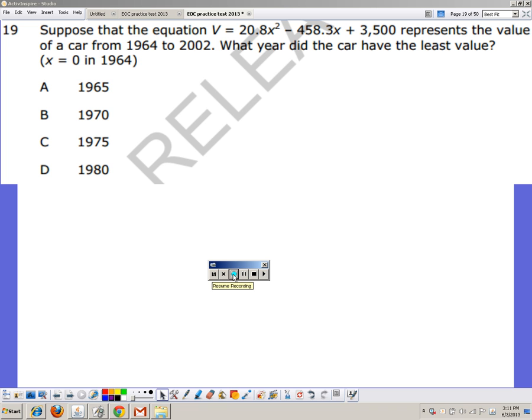In this problem, they give us a quadratic equation. Okay, so that means A is 20.8, B is a negative 458.3, and C equals 3,000.